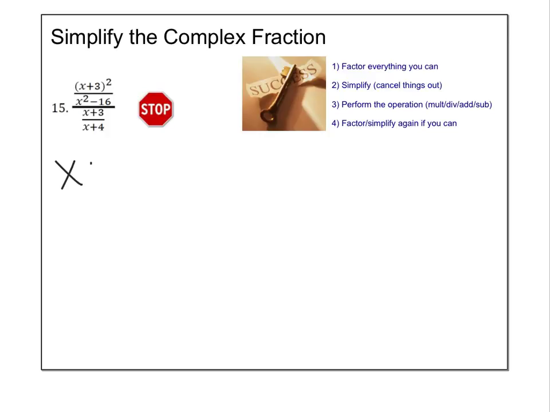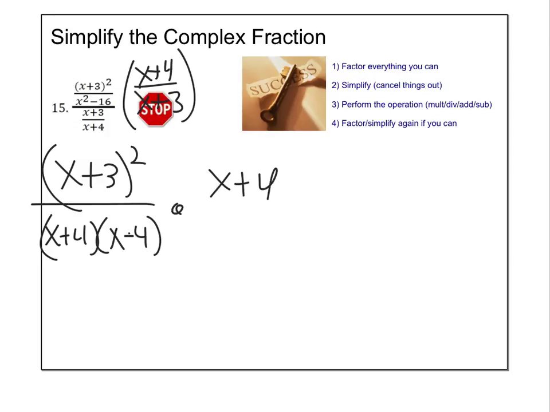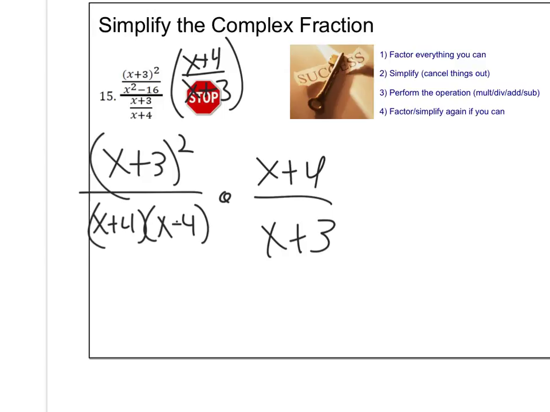So let me write this. X plus 3 squared. X squared minus 16 is nothing more than x plus 4, x minus 4. Then I'm multiplying by the reciprocal of the bottom. So I'm going x plus 4 over x plus 3. So looking around, x plus 3 squared technically means x plus 3 times x plus 3.